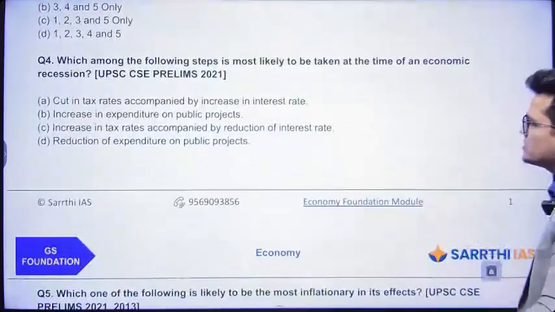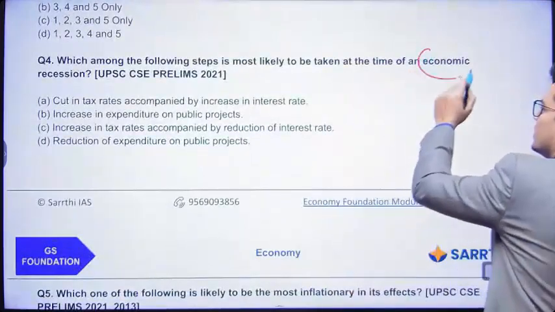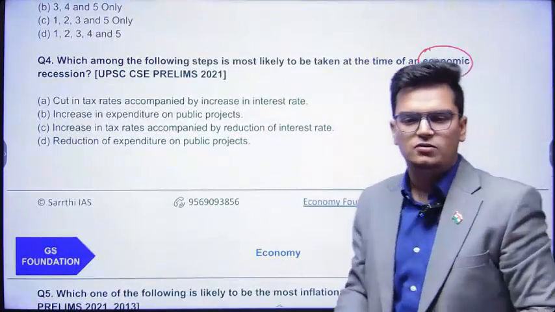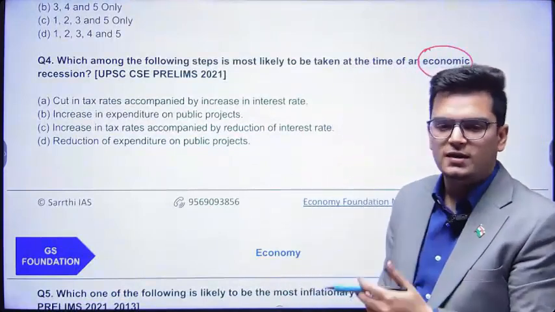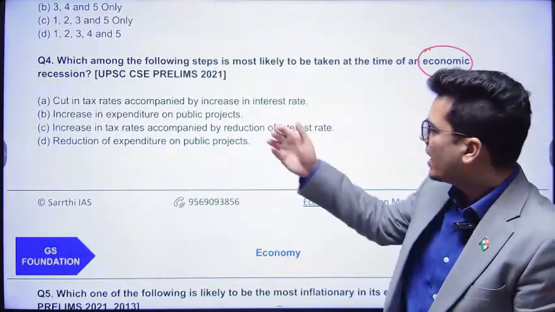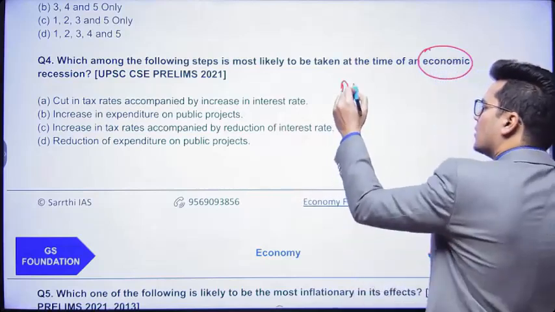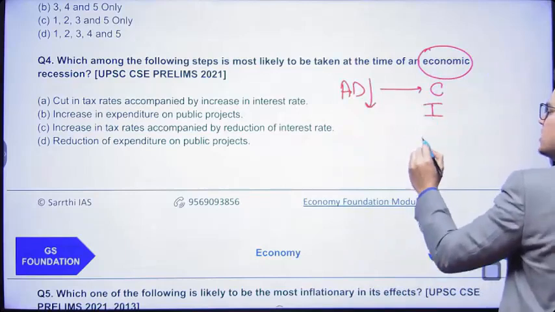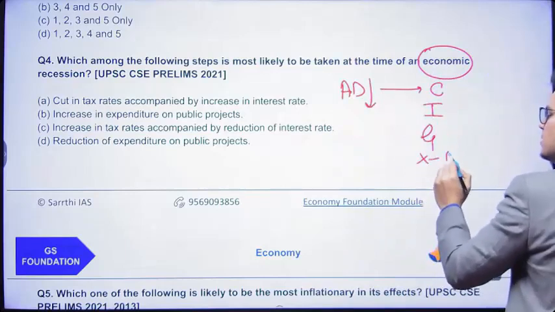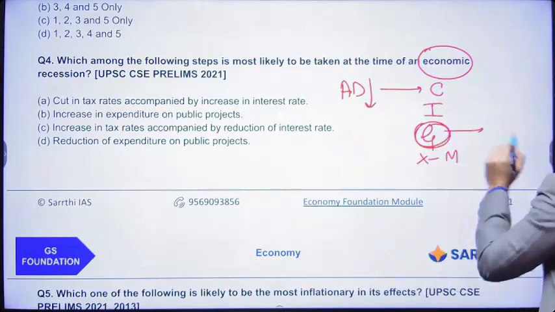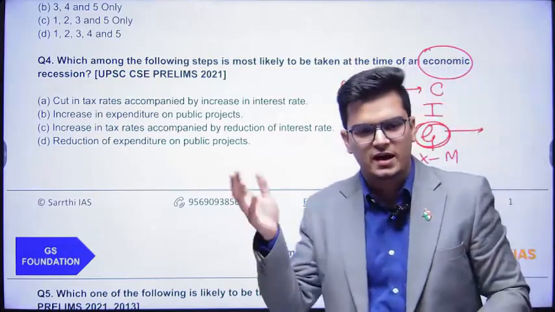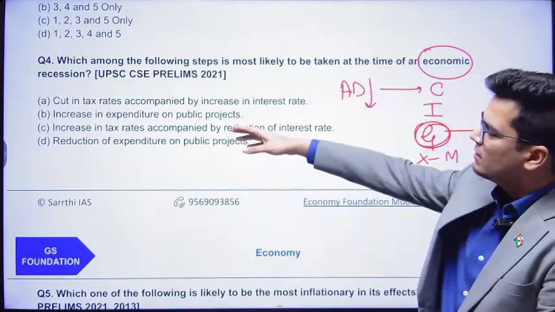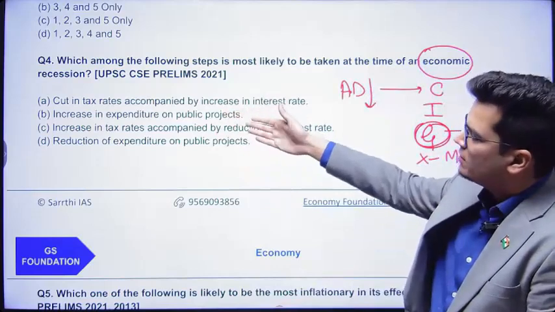Which of the following steps is most likely to be taken at the time of an economic recession? We have solved this question. Recession is fall in the aggregate demand in the economy. When aggregate demand is falling, we have to increase aggregate demand. Aggregate demand includes C plus I plus G plus X minus M. Here, government spending was what we had seen can be done to increase the aggregate demand, and as you can see, there are options also, similar to that.